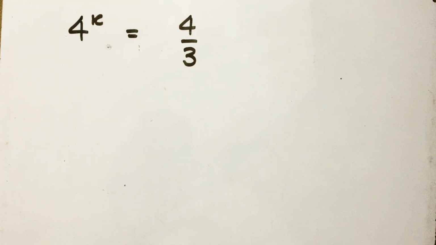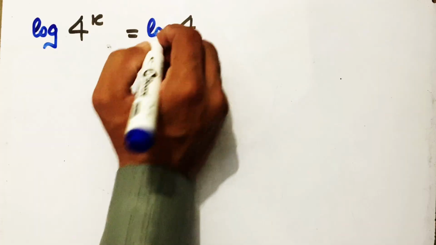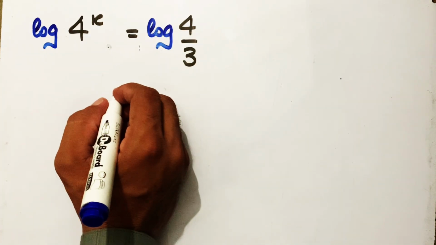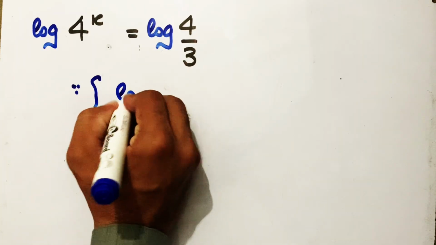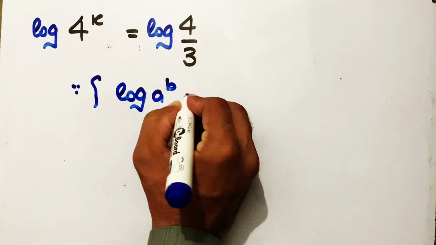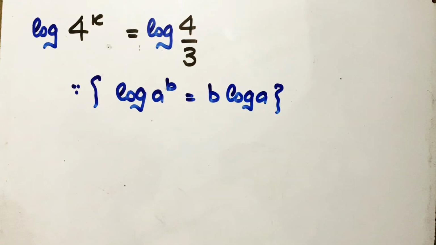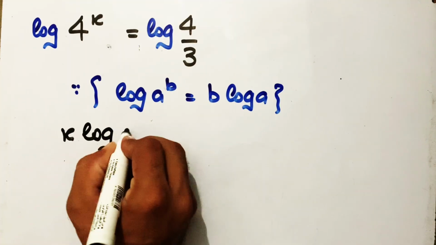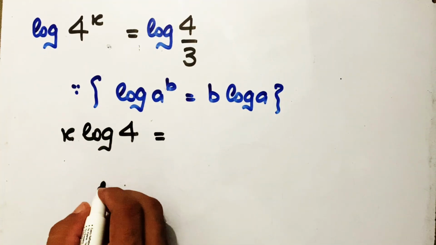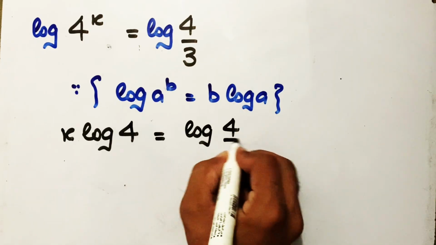Now I will further solve this equation. I am taking log on both sides. The log rule says the log of a to the power of b is b times the log of a. So x times log of 4 equals log of 4 divided by 3.